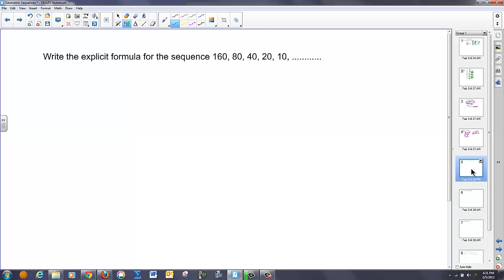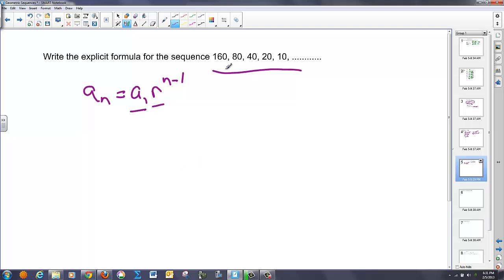So now we're going to write an explicit formula for this term here. Unlike our explicit formula for arithmetics, I need some a sub n equaling a1 r to the n minus 1 power. And what I'm going to want to solve for is the first term and the ratio.